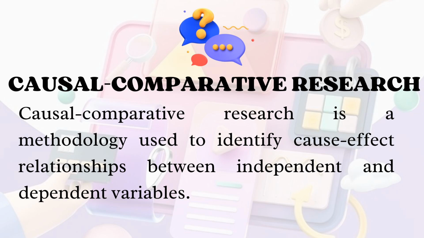Here, we are not just observing and comparing the similarities and differences. We are now identifying the reasons and the result of a certain variable. Here, we have the independent and dependent variable. Meaning to say, there is an influence on the different variables being observed when you use this type of research.